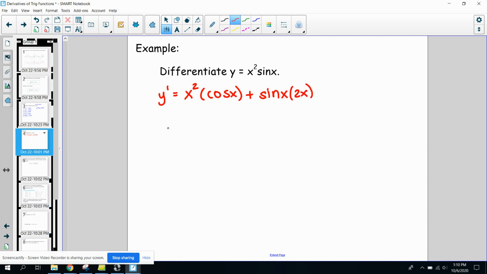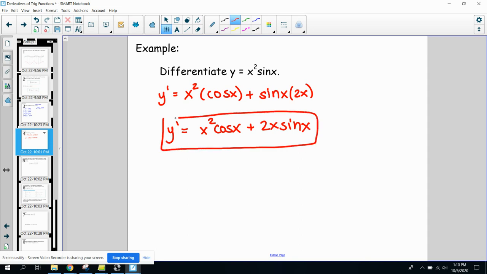So I'm just going to clean it up slightly and say that it's x squared cosine x plus 2x sine x. If I wanted to be super fancy and simplify it a little bit, I could pull out an x. If I pull out an x, I get x cosine x plus 2 sine x.